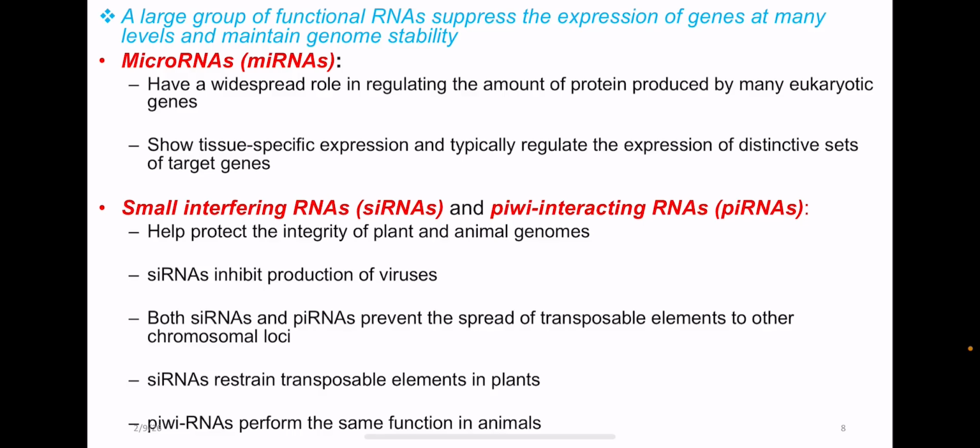snoRNAs are the same, but in this case not on mRNA molecules, but rather on tRNAs and rRNAs. They also guide chemical modifications of these same molecules. So they help process rRNAs and tRNAs, and they also help in chemical modifications of these RNAs.